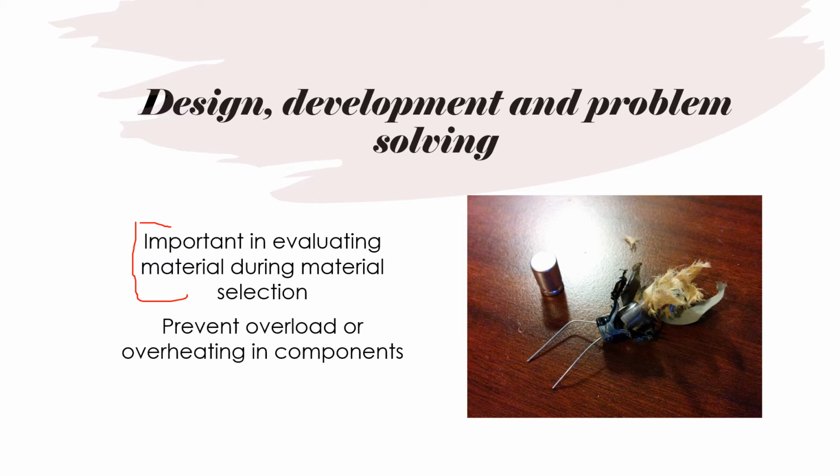And it's also very important when you select and design to prevent overload, overheating, which will cause failure and sometimes will blow the capacitor. So next we have a video of what will happen if you overload the capacitor.